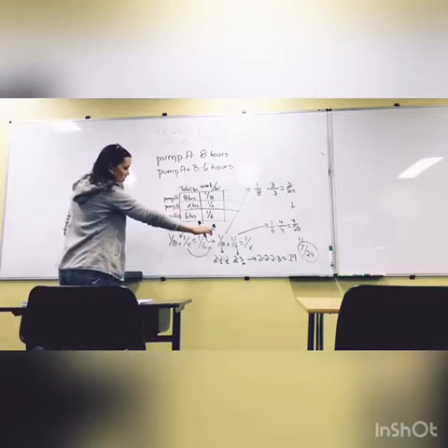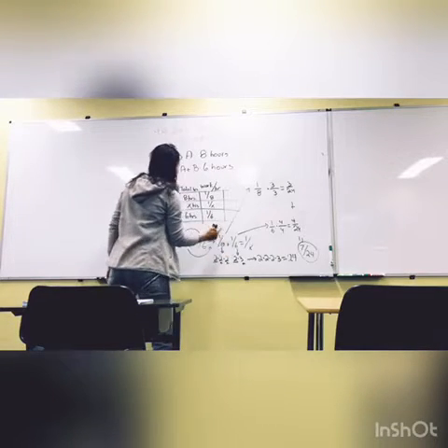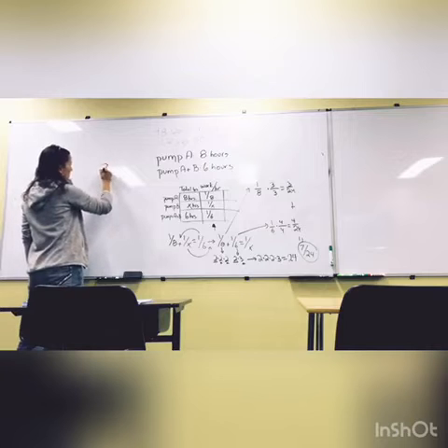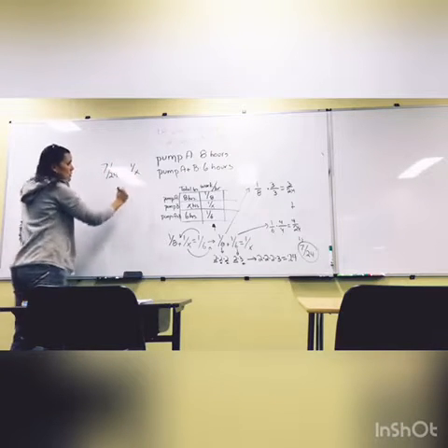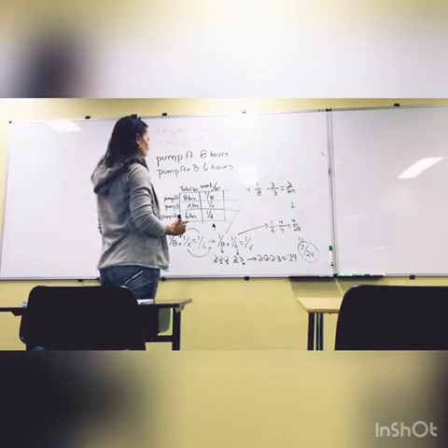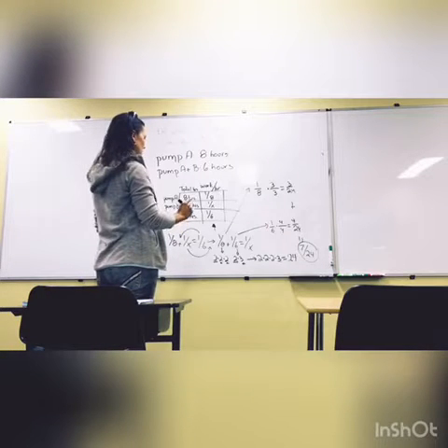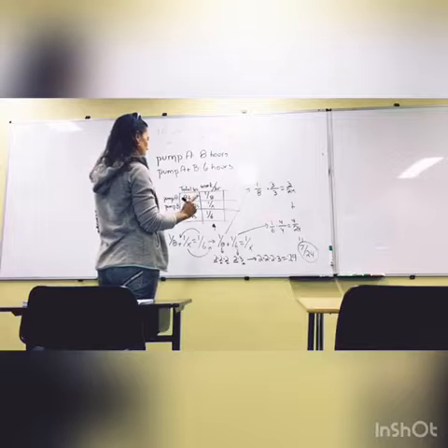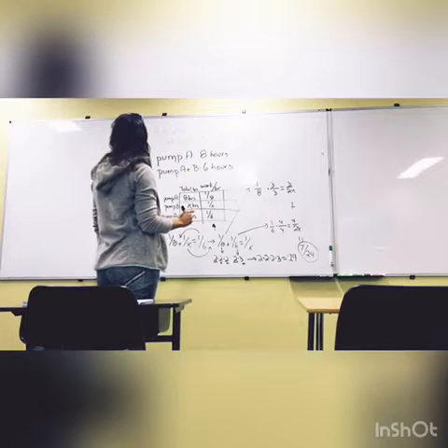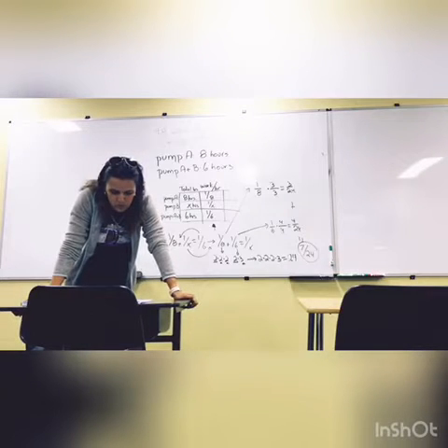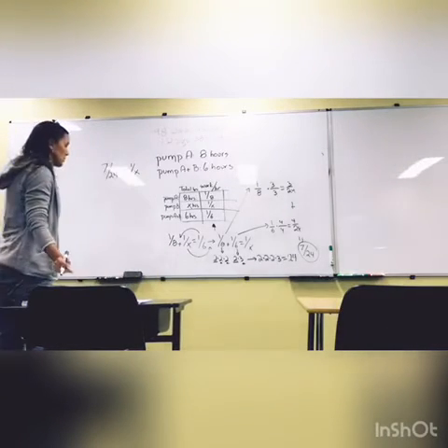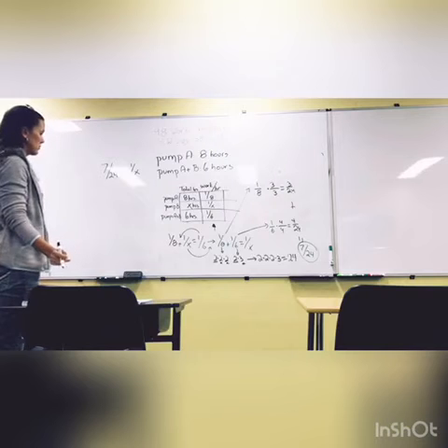So we're going to say 7 over 24, which is these two added together, equals 1 over x. The book is getting a different number than us, but let's see what happens.